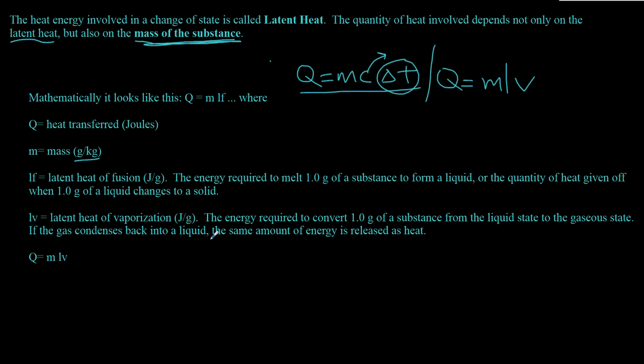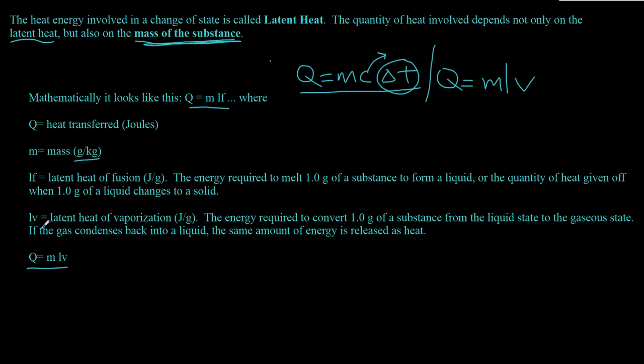And of course, if you're going the other way, from a gas to a liquid, the amount of energy is going to be given off or released. And there's your formula for vapor, and here is your formula for water changing to ice, or ice melting to water.